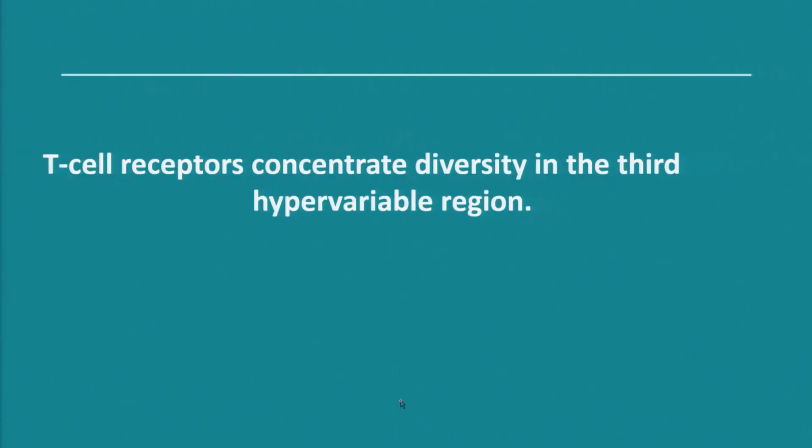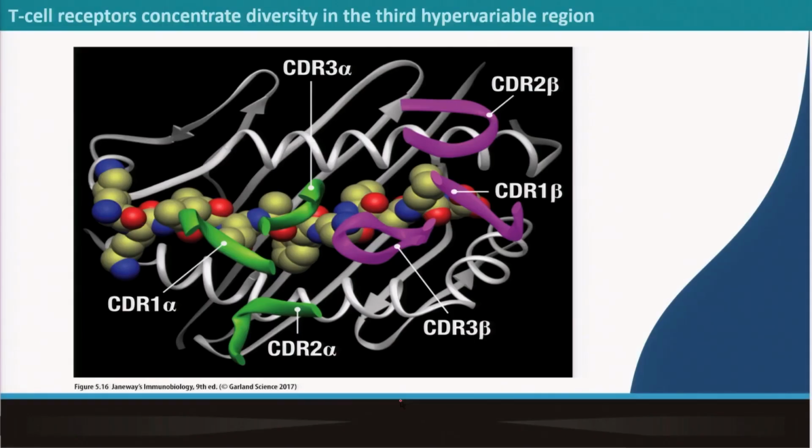So, T cell receptor diversity in the third variable region is what I just discussed in my hand sketch. It is the same thing. Here you see CDR2 and CDR1, alpha 2, alpha 1, beta 2 and beta 1, are mostly interacting with the MHC region.